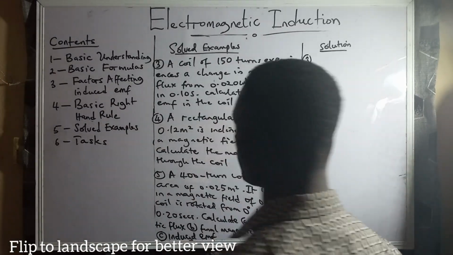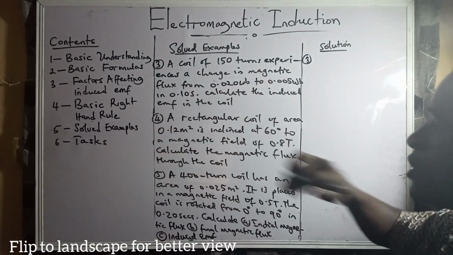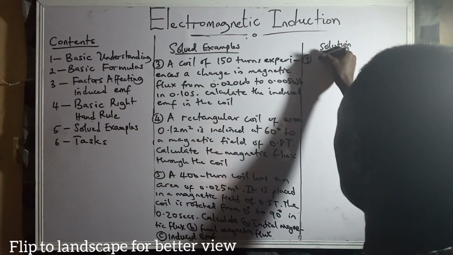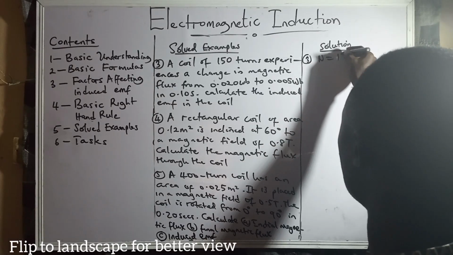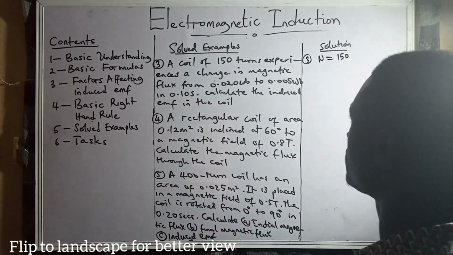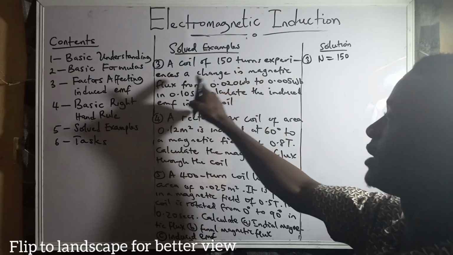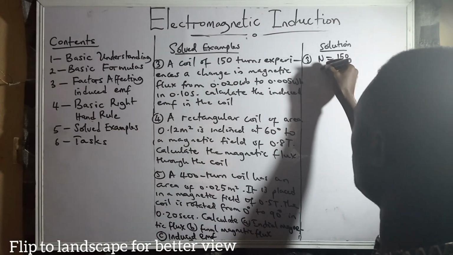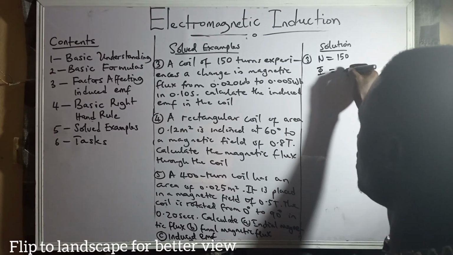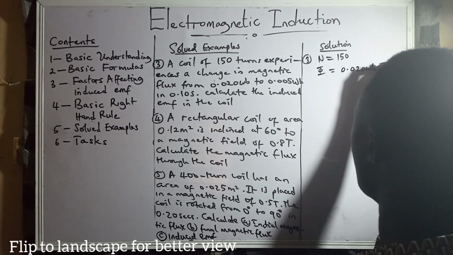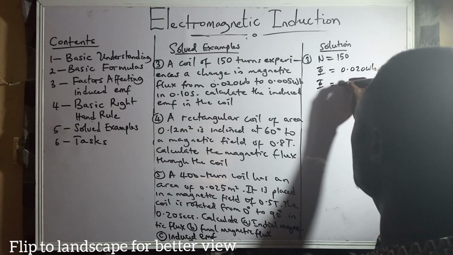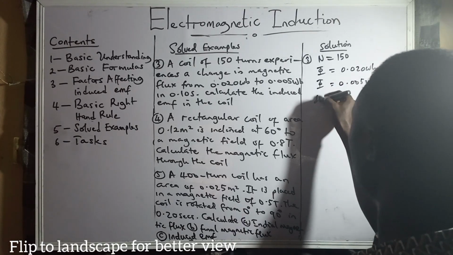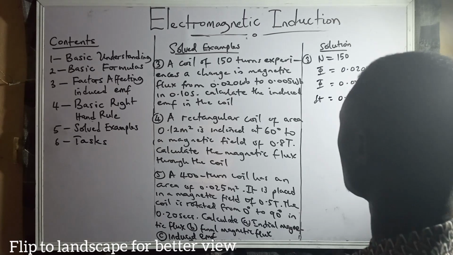Remember, I told you that if you are given a physics question, first list out your parameters. The first parameter given here is N, our number of turns, 150. It experiences a change in magnetic flux from 0.020 Weber to 0.005 Weber, in a change in time of 0.10 seconds.